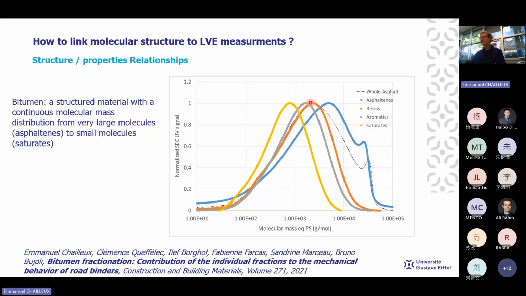And you understand that the bitumen is composed of the blend of all these fractions, which gives an average molecular distribution.